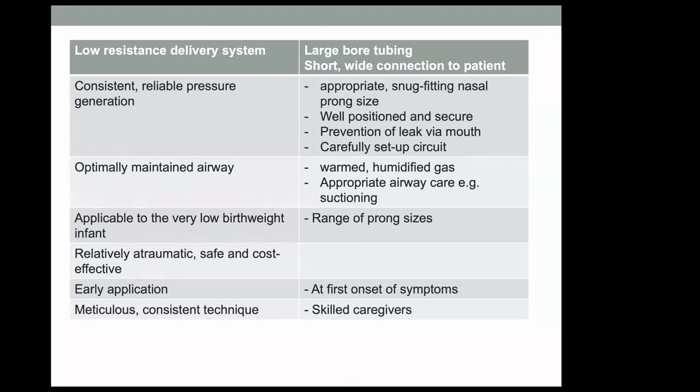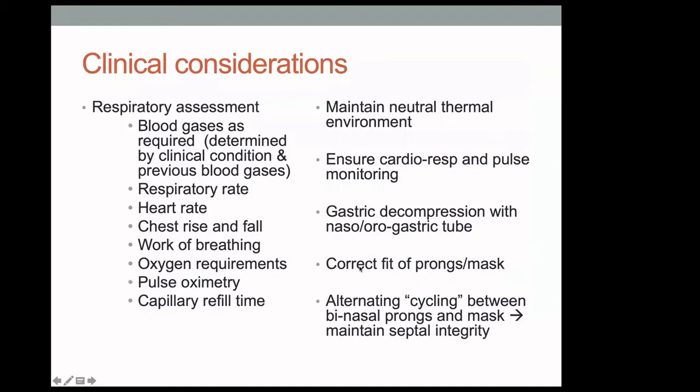The amount of pressure delivered can also be affected by things like secretions, so airway care is essential. And there are a range of prong sizes, which the nurses will measure up to suit the individual baby. It's a safe, well-practiced form of non-invasive ventilation, which is very effective and very easy to use.